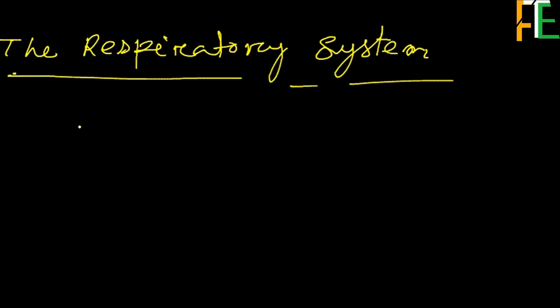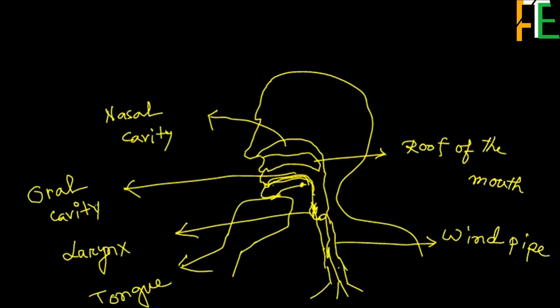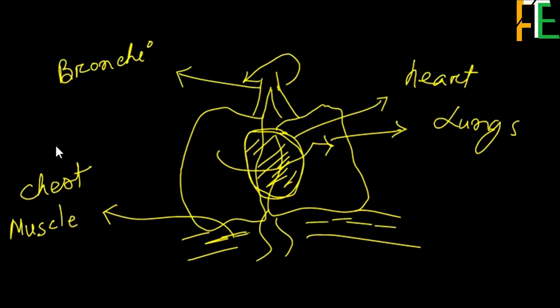You can see in the figure we have already drawn the figure. The respiratory system, you can see, consists of the two lungs, on either side of our chest.